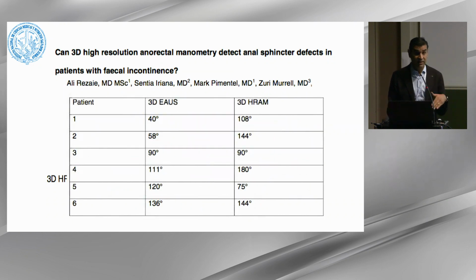And more than that, when they wanted to see if the defect was located in the same place with both technologies, the defects were detected in different parts of the sphincter using the 3D compared to the anal ultrasound.